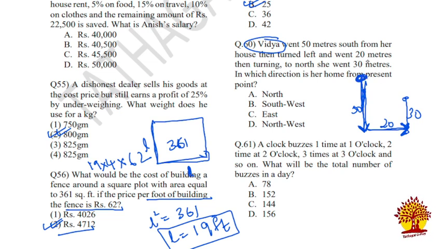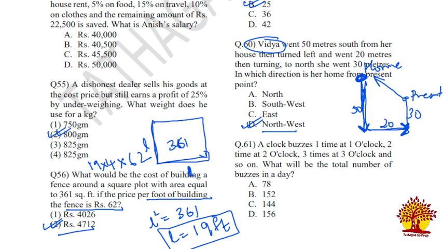Her home is this one, and at present she is at this point. What is the direction? Her home from present point is northwest. Option D, northwest is the right answer.